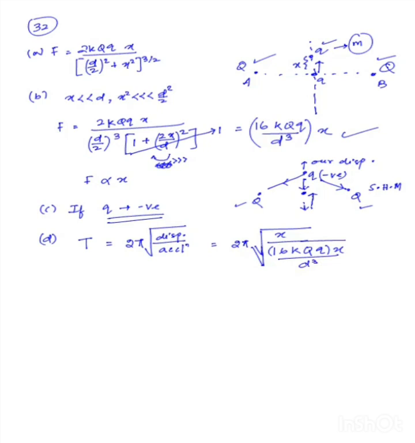We extend that square root term, and then the mass that should have been divided over there goes up. Now these x terms cancel out, so d cube can go up as well. So we have 2 pi root of m d cube over 16kqQ.